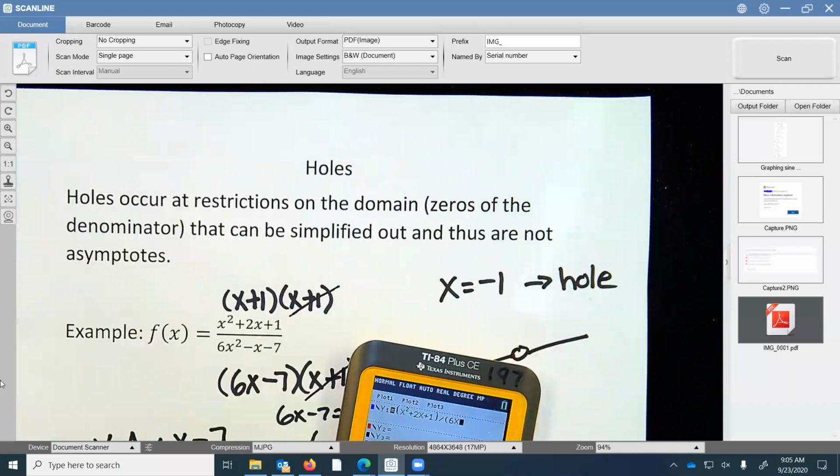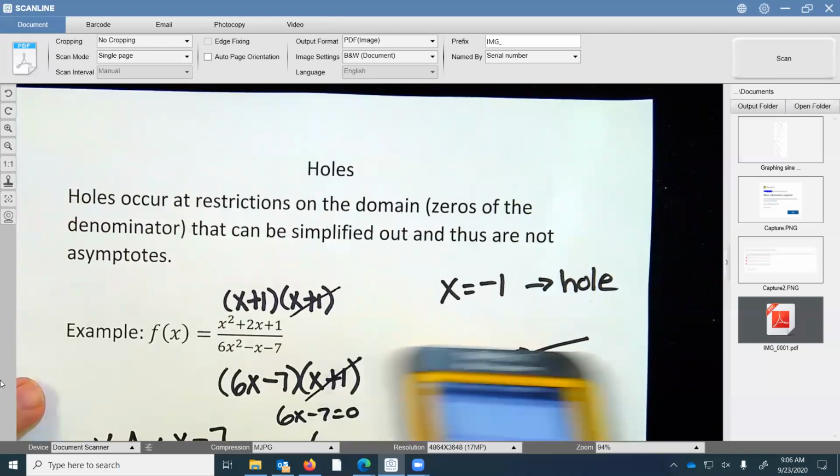There's my vertical asymptote, which is at 7/6, 1 and a sixth. My horizontal asymptote's fine, and my hole is at -1 comma something.